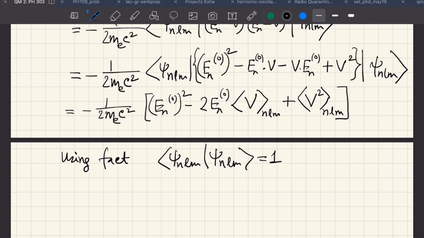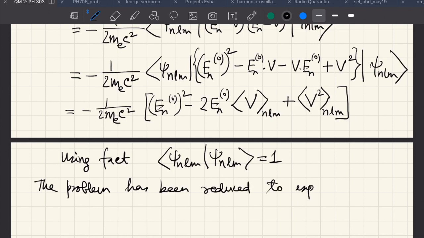So the problem has been reduced to the expectation value calculation for the V and V squared operators.